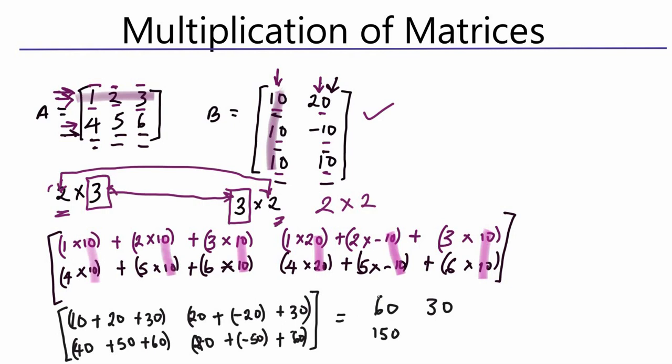And lastly, 80 plus minus 50 should give you a 30. A 30 plus 60 should give you 90. You can just confirm this from your calculator so that you can check that we are correct.